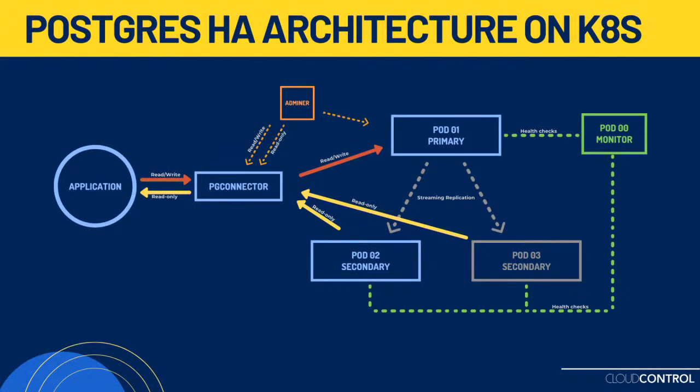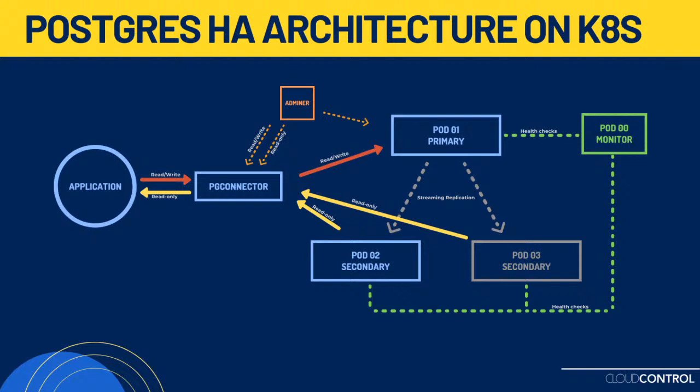So far what we have demonstrated is that adminer is connecting to pod 00, which is the monitor node, and pod 01 and 02. Through pod 00, we verified that there are two databases as set up by PG auto-failover: one is the primary, another is secondary. We also verified that the primary is in read-write mode and the secondary is read-only.